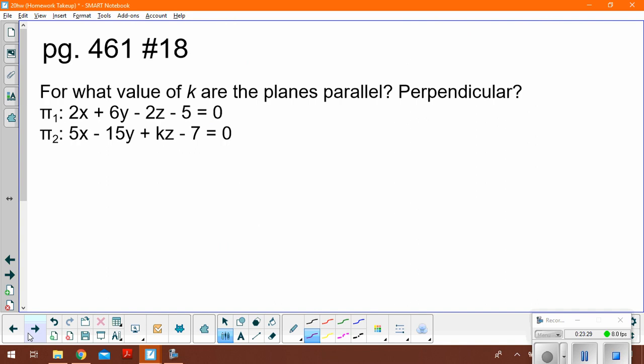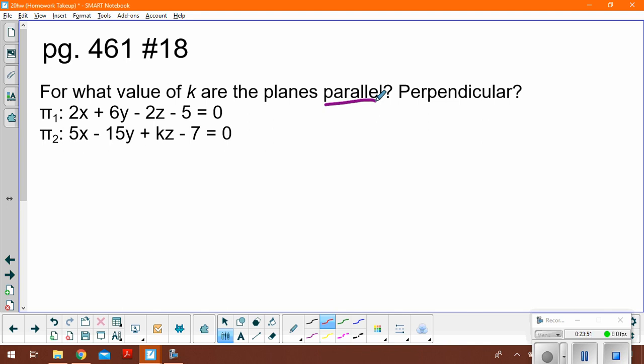All right, last one, number 18. For what value of k are the planes parallel, perpendicular? I'm glad we took out number 10 because that's basically the same kind of question, right? Starting with parallel, if they're parallel, they would have to be scalar multiples of each other.